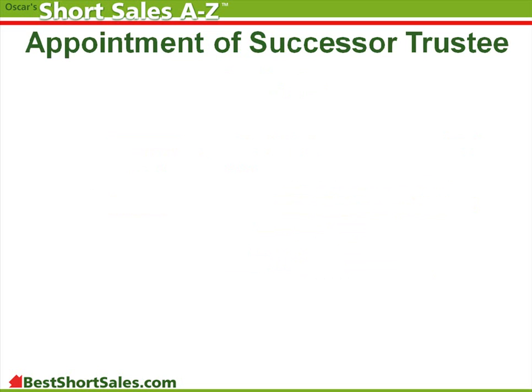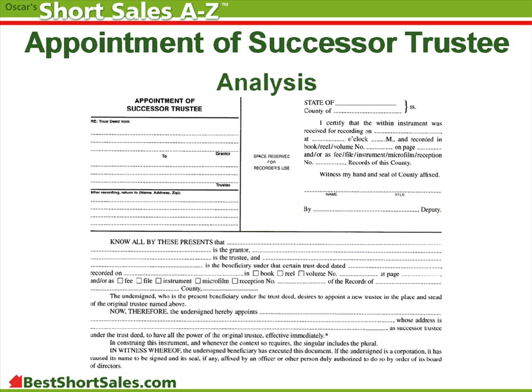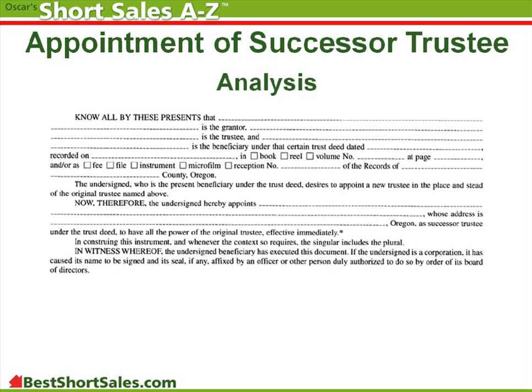Appointment of successor trustee. In case of default, if the beneficiary decides to begin foreclosure, a successor trustee will be appointed. This is a good sample document. It reads, "Know all by these present that Mr. and Mrs. Homebuyer is the grantor, Mr. Attorney is the trustee, and Mr. Big Bank is the beneficiary under that certain trust deed dated date of origination.